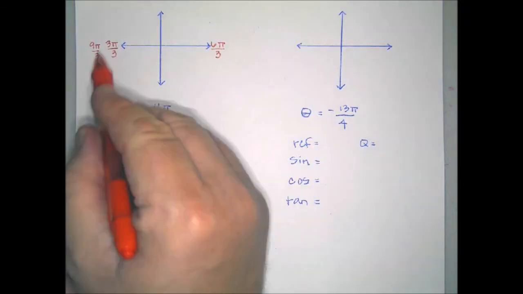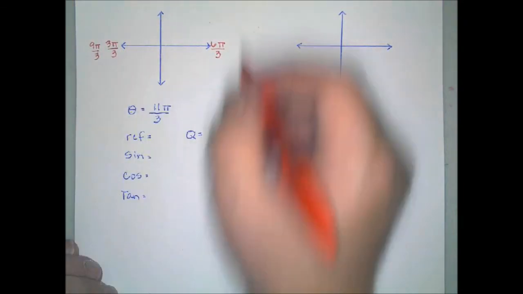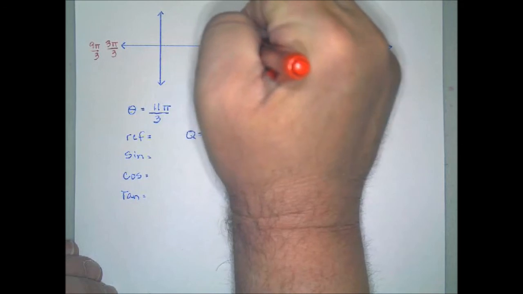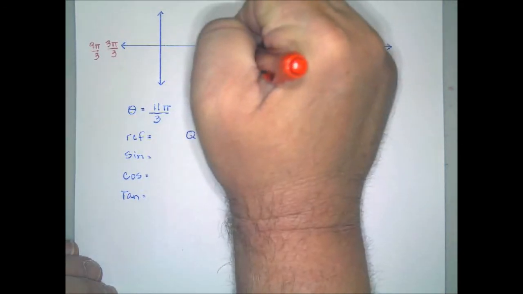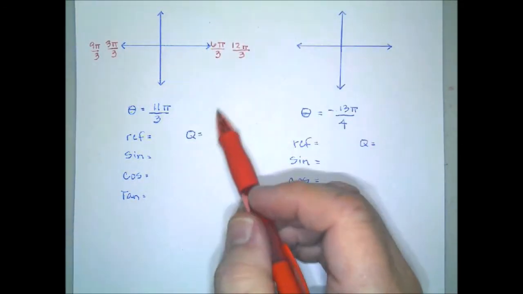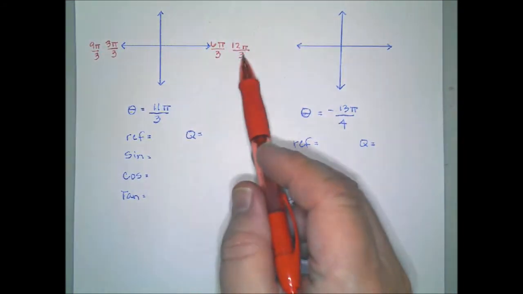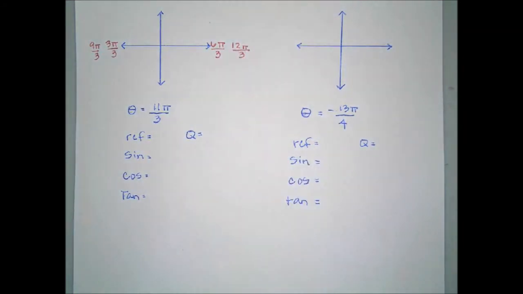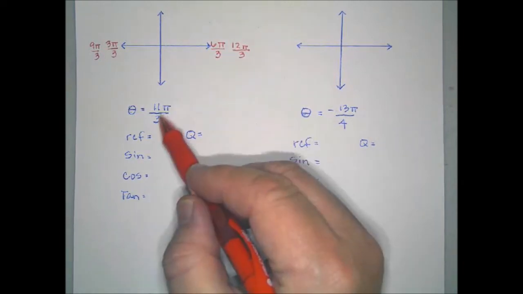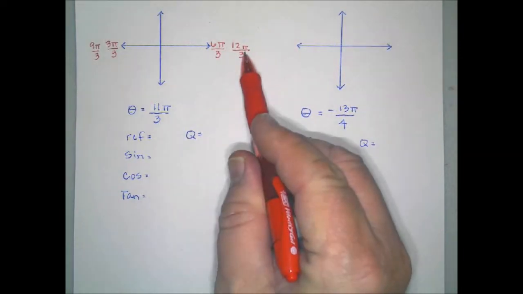And if I made it all the way around again, I'd be at 12 pi over 3. But that's where we encounter a little problem. We didn't make it all the way to that 12 pi over 3. So we didn't make it around the circle twice. We stopped a little bit short of 12 pi over 3.